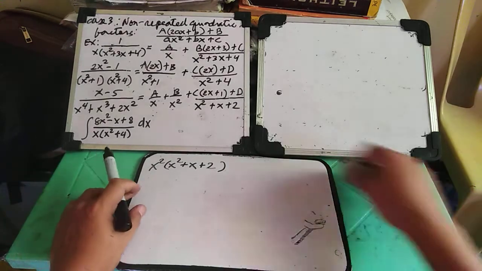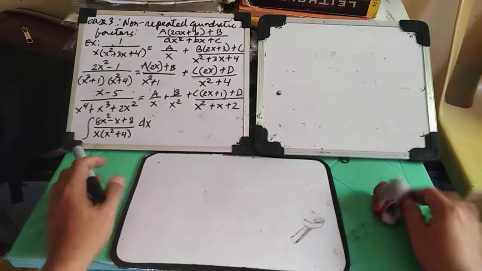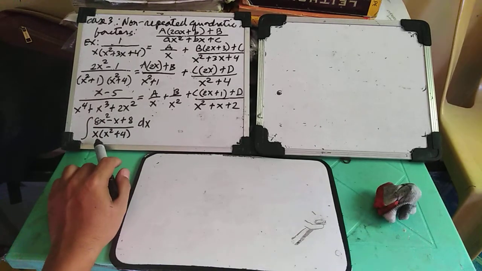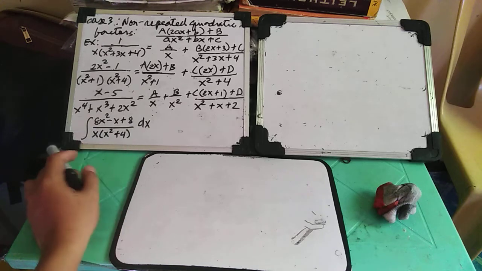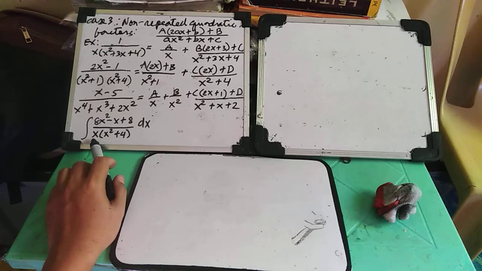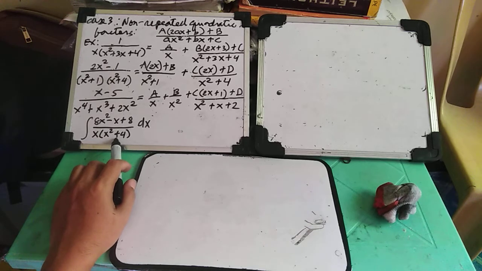So let's have an example. Find the integral of 8x squared minus x plus 8 all over x times x squared plus 4 dx. So first, we will observe the factors in the denominator. So we have x, which is linear, and x squared plus 4. It is not factorable to linear form, meaning it is a quadratic factor.